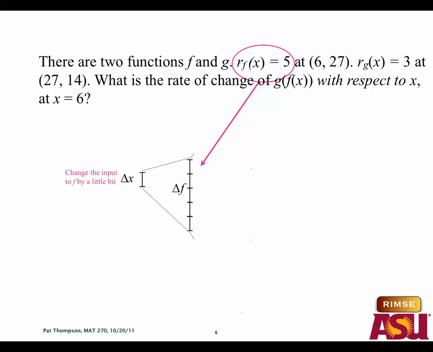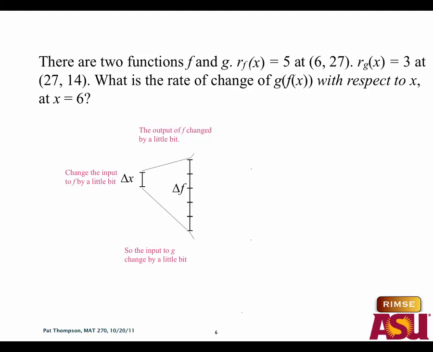Now, that means that we got a little change in f. And so in g, the input into g is f. So this now is the little bit of change, like a delta x, but now it's the delta f, that's for g. Okay? So if f changes this much, how much will g change?